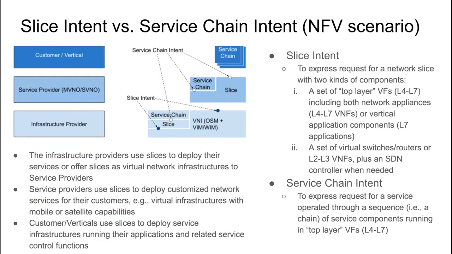In fact, the infrastructure providers use slices on top of their own infrastructure to deploy their own services, such as mobile networks, in case the infrastructure provider also plays the role of service or content provider. In addition, the infrastructure provider offers slices to service providers as virtual network infrastructures. That's why we have slice here.